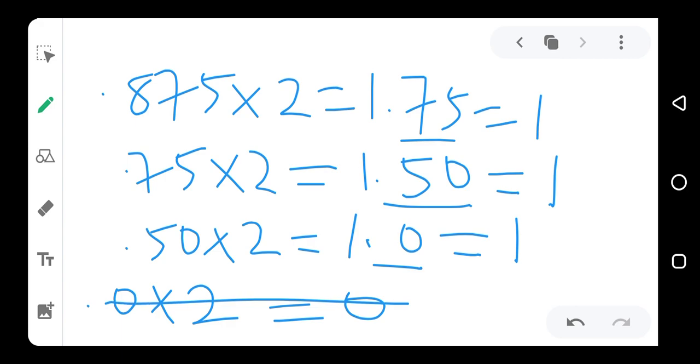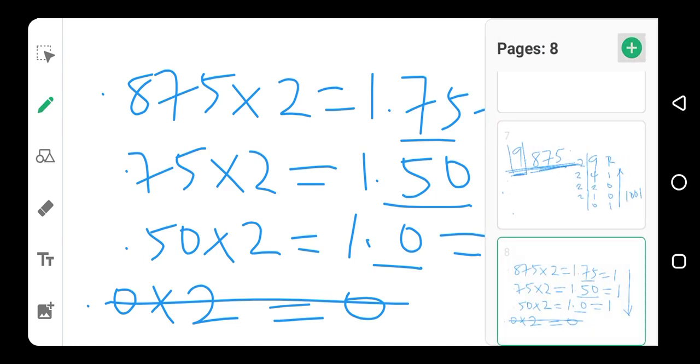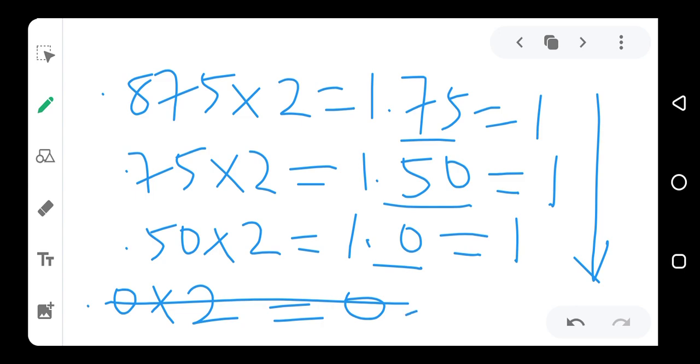So we count from up to down for this side, and we have 111. So the decimal point is equal to 111.